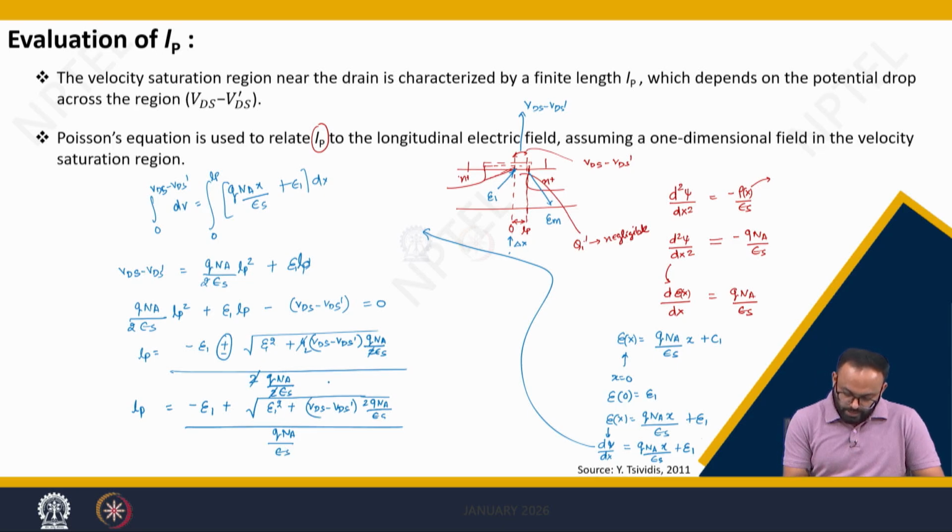So from this square root term, take this term out. You can rewrite as minus E1 plus, taking this term out, 2 into q into Na divided by epsilon s. So let me rewrite, the denominator will be q into Na divided by epsilon s, right?